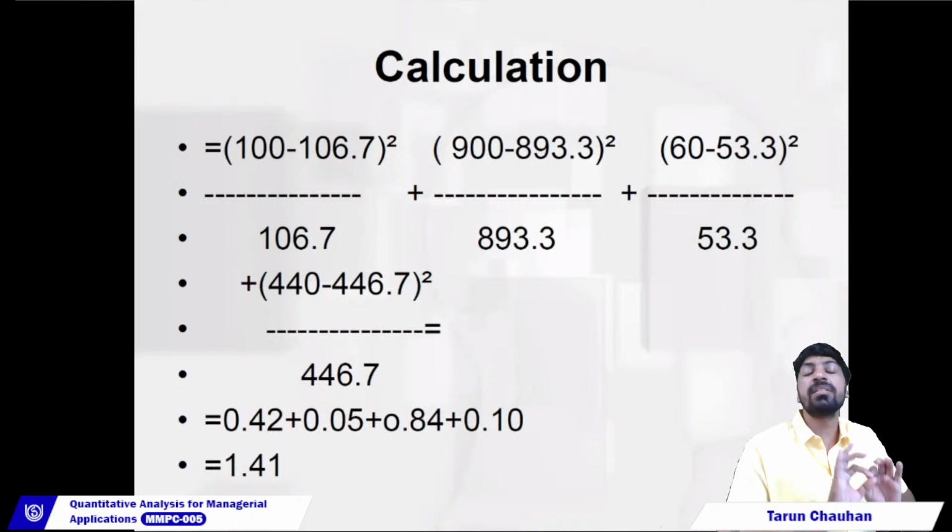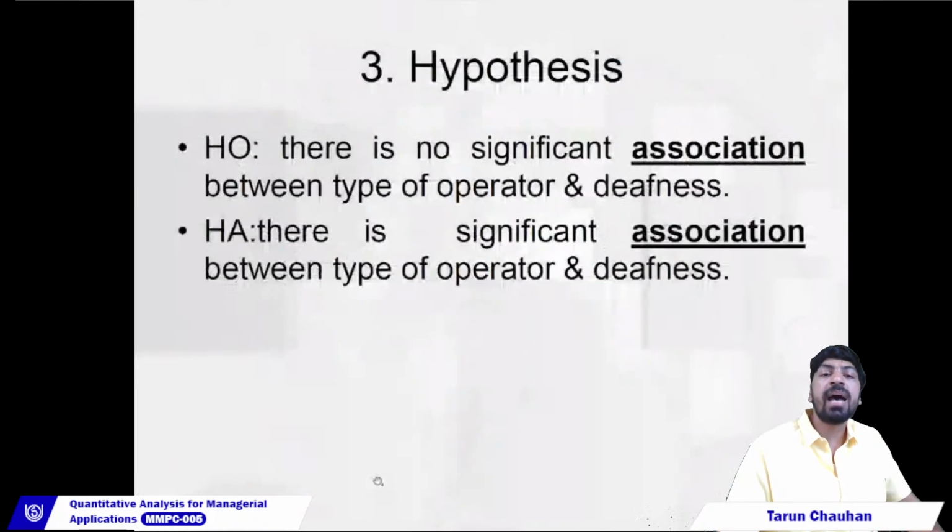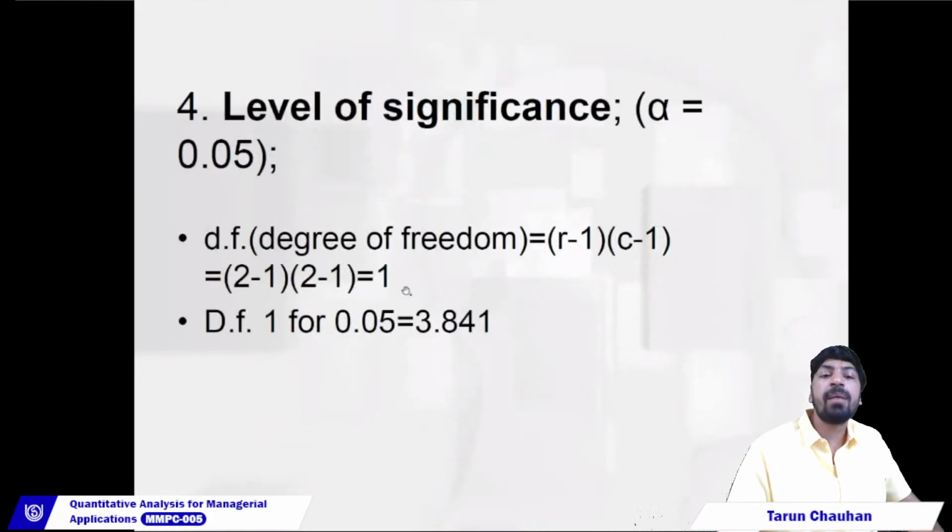That means there is no difference, no correlation between the two variables. In this question, the calculated chi-square value is 1.41, and the tabulated value is 3.841.